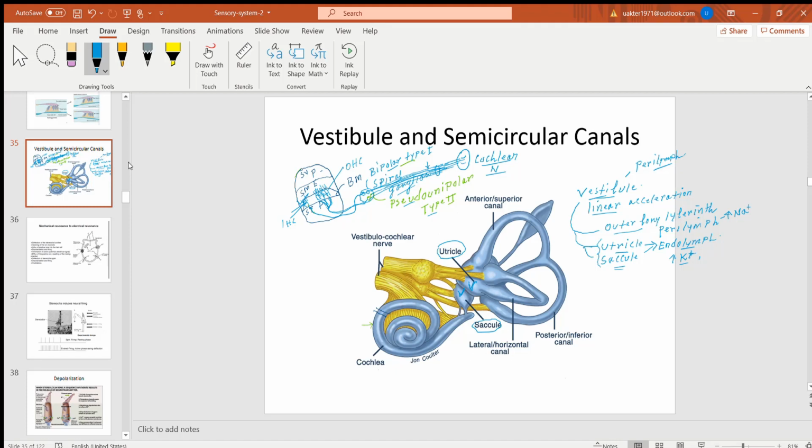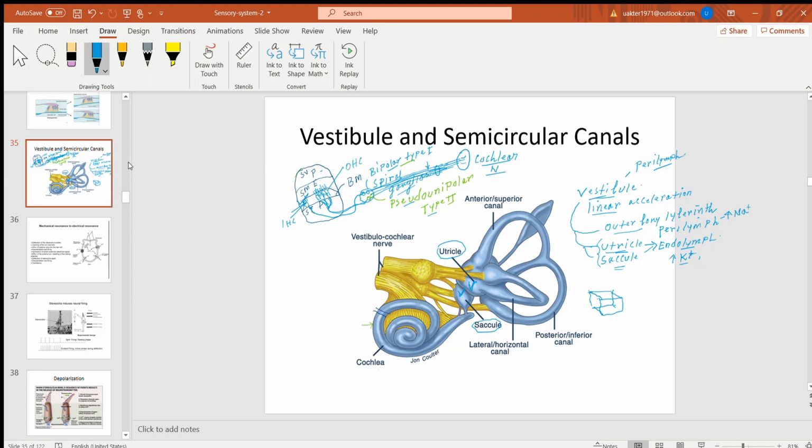So all those are hair cells. Now we'll see how the hair cells, vestibular hair cells, are activated. If you see inside the utricle, the sensory epithelium is located in the floor. So let me just draw.